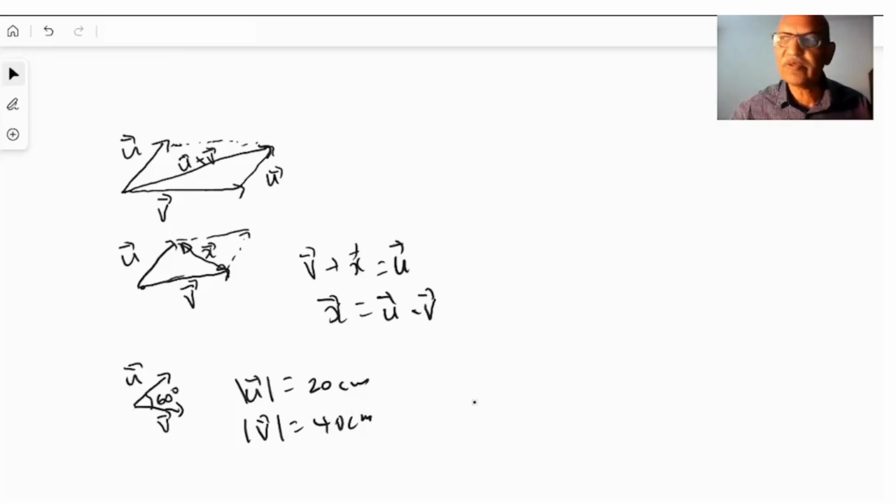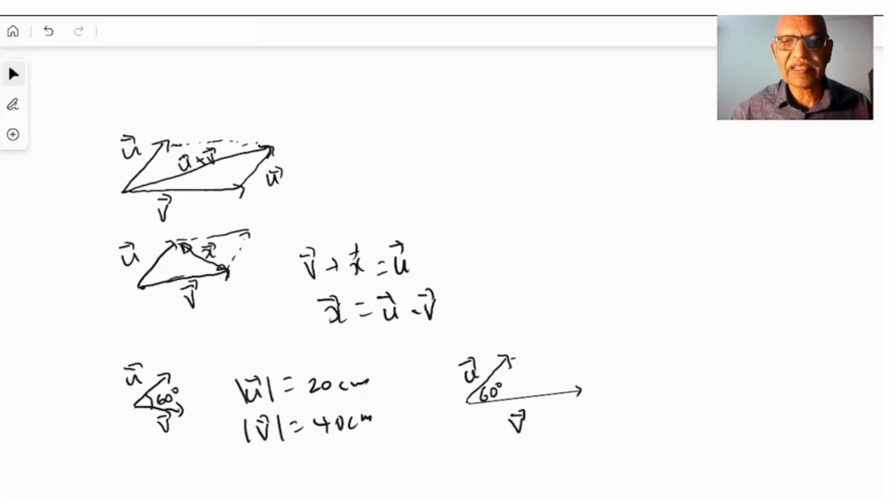So I have now the vectors, the angle between them is 60 degrees. So I have this vector, which is vector u, at 60 degrees, and this vector is almost double u, which is vector v. This angle is 60 degrees.